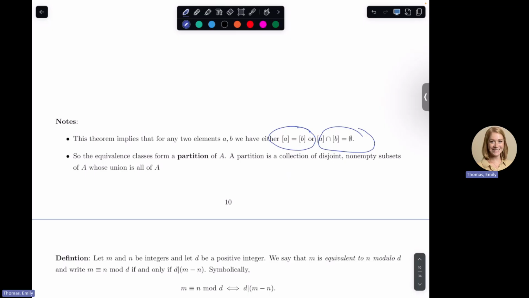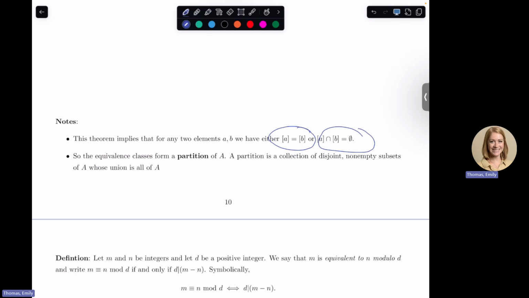Okay. Pause. The equivalence classes form a partition of the set. So a partition is a union of disjoint sets that together make up the whole set. It's just what it sounds like: a division of the things into things that don't overlap.